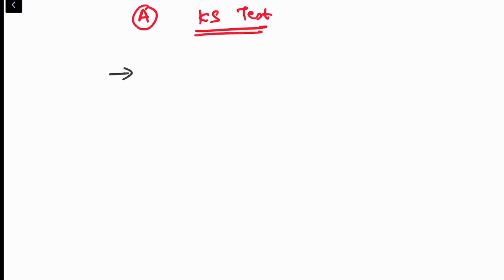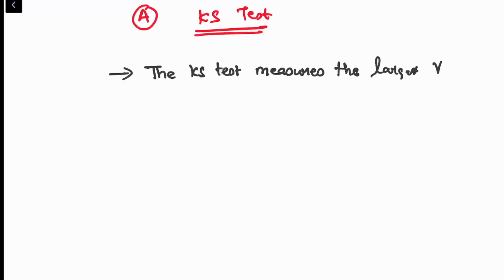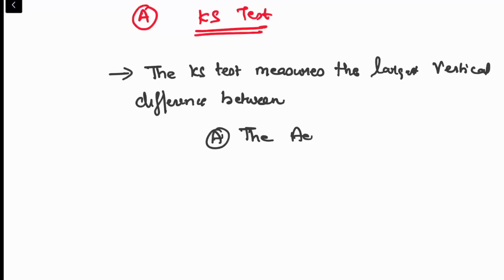The KS test measures the largest vertical difference between point A, the actual PIT distribution, and second, the ideal uniform distribution.